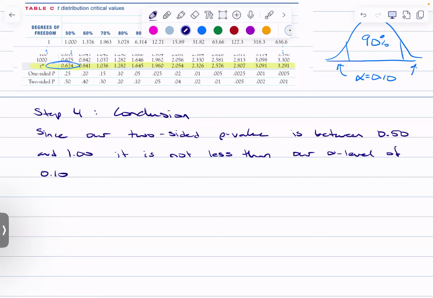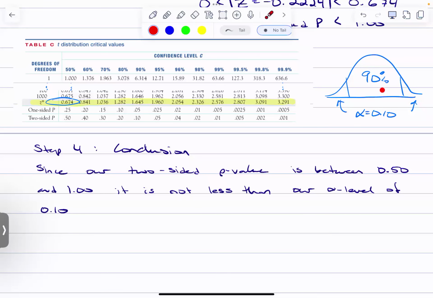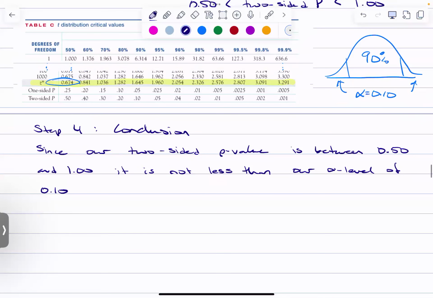That's just to match the 90% confidence interval. If you wanted to use 0.05, it's still not less than 0.05, which would match a 95% confidence interval. So your conclusions are going to match depending on what your alpha and your confidence interval are. This only works for two-sided tests, but I'm getting ahead of myself.